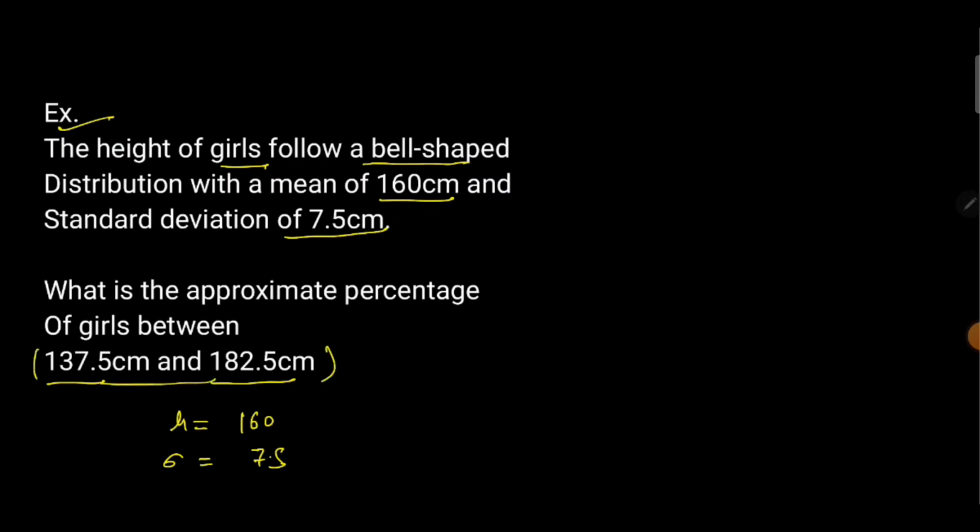So we know that for a bell-shaped distribution, using the empirical rule, we can write any range in the form of mu plus minus k sigma. If we take the upper range, we can write mu plus k sigma equals 182.5. Here mu equals 160, plus k into sigma, that is 7.5, equals 182.5.